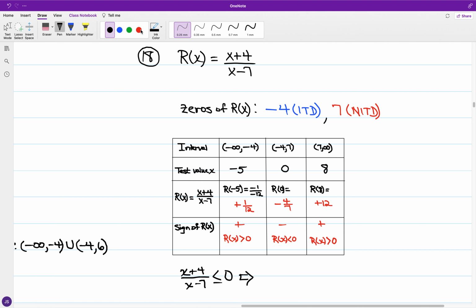So referencing what we have from the table, we're looking at where r of x is less than or equal to 0, and since the inequality has an equal sign, we might have brackets in the mix, but not necessarily a guarantee.